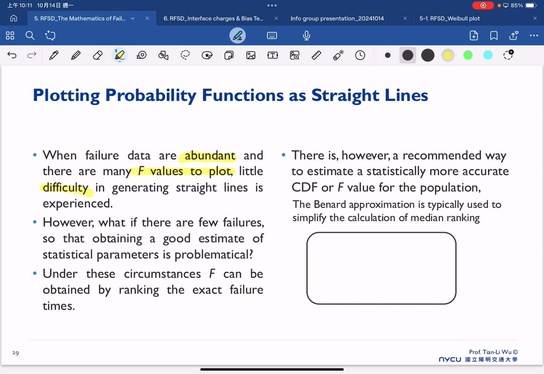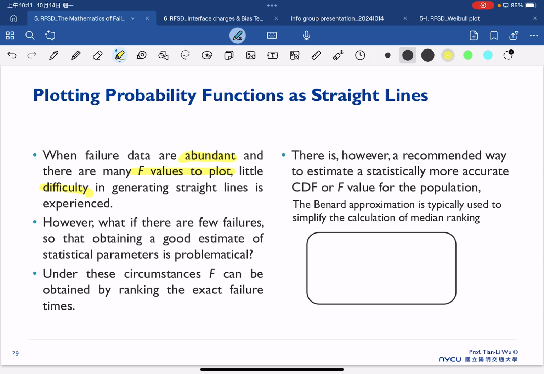That's based on experience. If we have a huge data set of failure data, and then we have to plot lots of the capital F, that's the cumulative distribution, the failure rate here, that would be very difficult to generate the straight line.